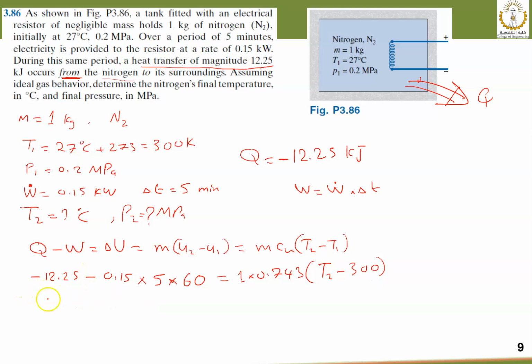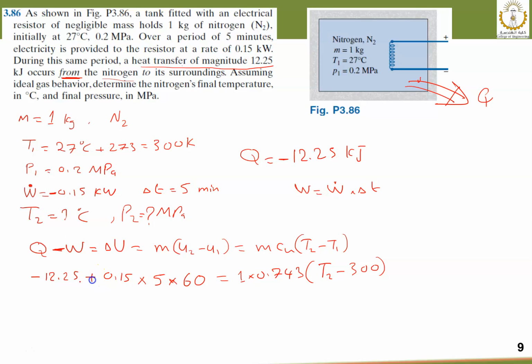And here, there is something: this is work input, and work input is actually negative, because work in is negative according to the convention. So here we have a negative sign, and this is negative work because it's work into the system.